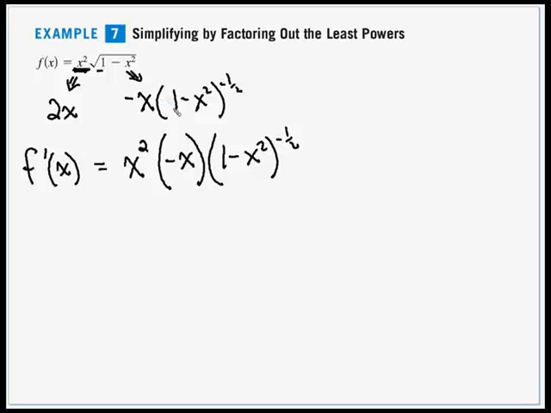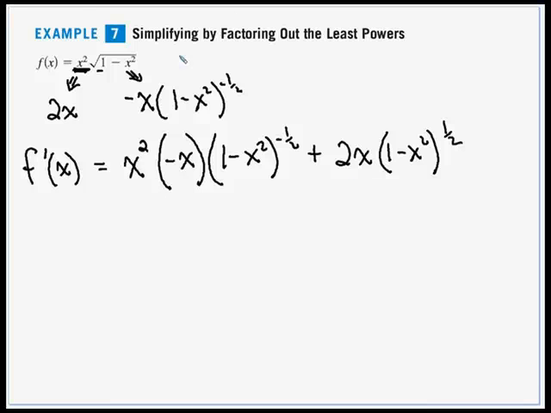Plus the second times the derivative of the first, that's our 2x, and let's rewrite that radical as a rational exponent, 1 minus x squared to the half. So there's our derivative f prime, found with the product rule.